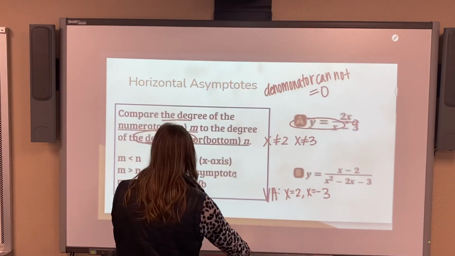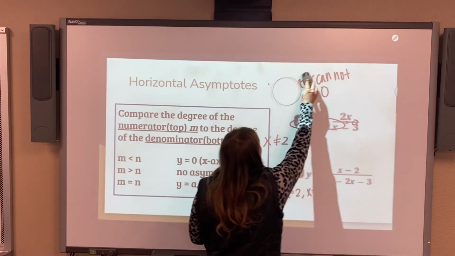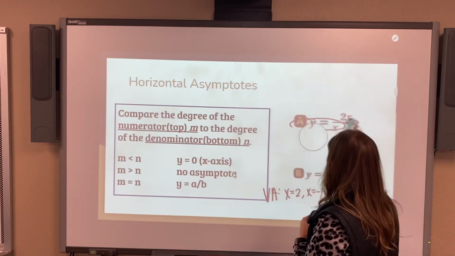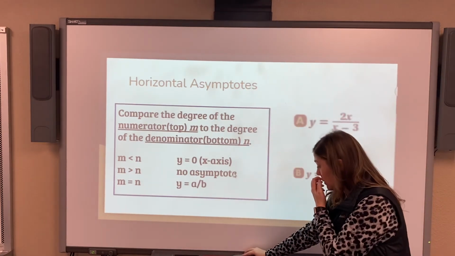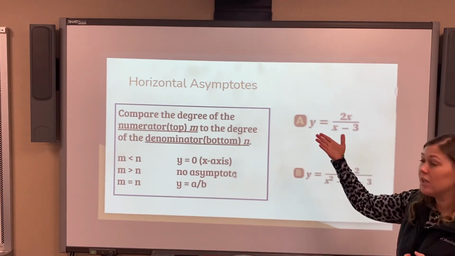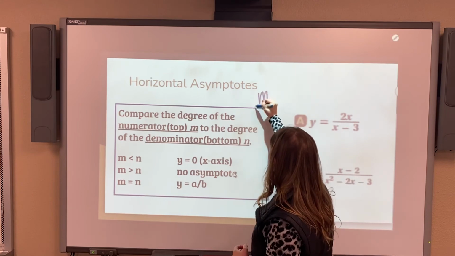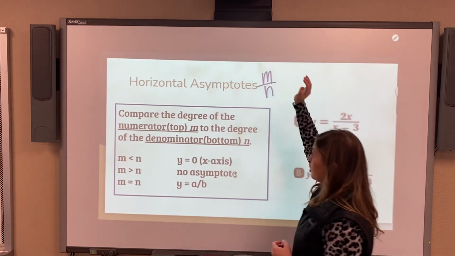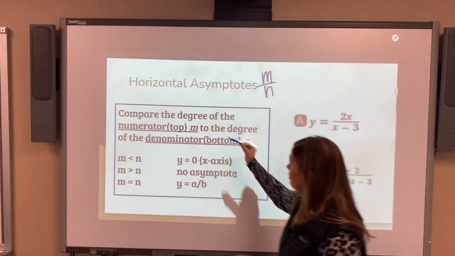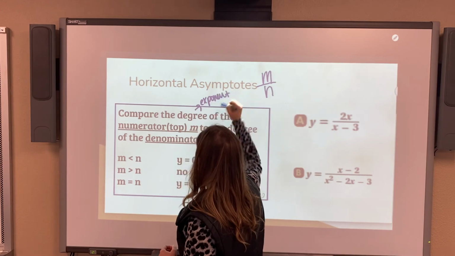Now, horizontal asymptotes are a little bit different. And when I say a little bit different, I mean entirely different. You compare the degree of the top to the degree of the bottom, the numerator at the top, m over n. The degree means the exponent, if you don't remember that vocab word.